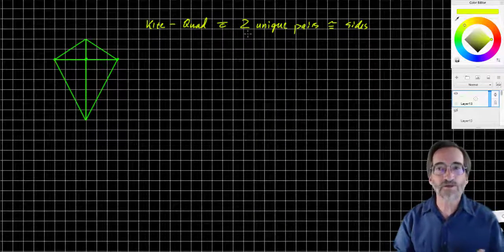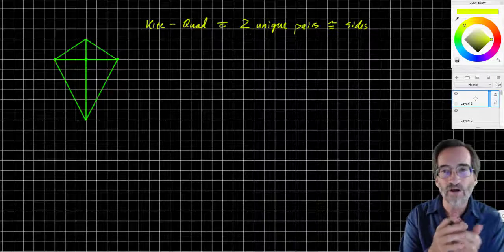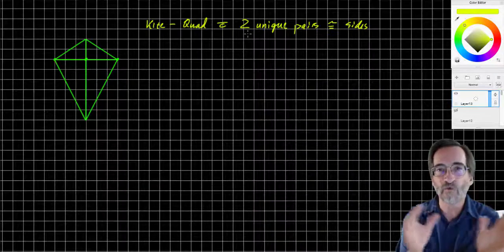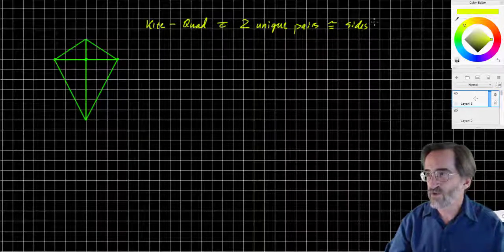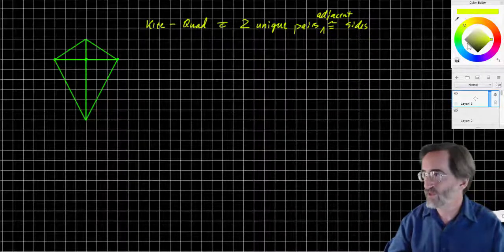That is to distinguish it from a rhombus. In a rhombus, all 4 sides are the same. 2 unique pairs of congruent sides, and adjacent congruent sides. So the sides have to be next to each other.